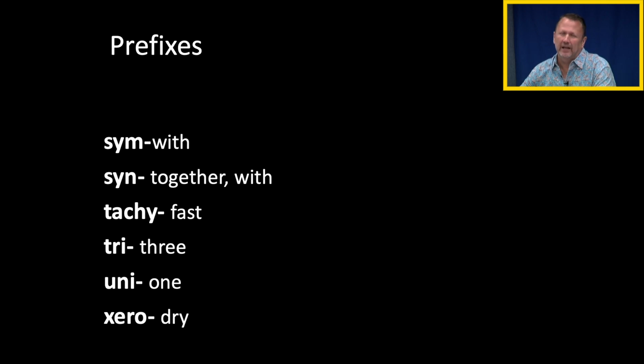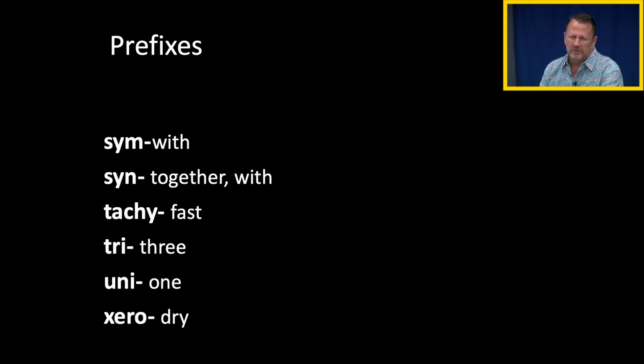Sym and syn will be used together as well, interchangeably. Tachy means fast, as in tachycardia and tachometer. Tricycle means 3 wheels. Unicycle means 1. Here's something I learned. I knew that xero meant dry, but I did not know that Xerox came from the words dry writing.